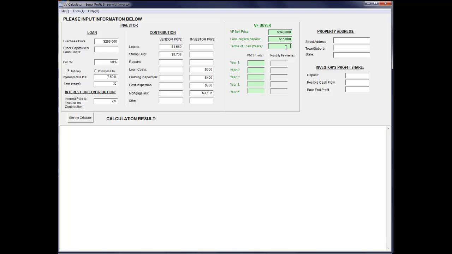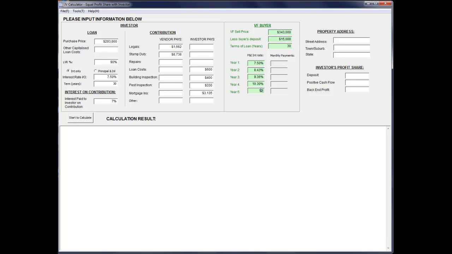The term of the vendor finance purchase loan was 30 years under an instalment contract, and the interest rates that we charged were 7.5% for the first year, 8.43% for the second year, 9.36% for the third year, and 10.3% thereafter.